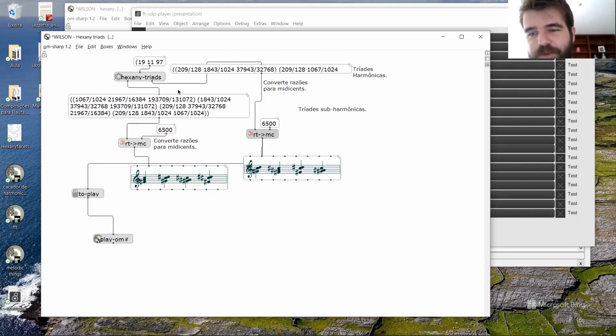I will not explain it, it's very tricky to understand, but he works with the concepts of sub-harmonic triads and harmonic triads. They are not the same thing as the idea of otonal and utonal; of course, that is a different thing. But we have this concept of sub-harmonic triads and harmonic triads.